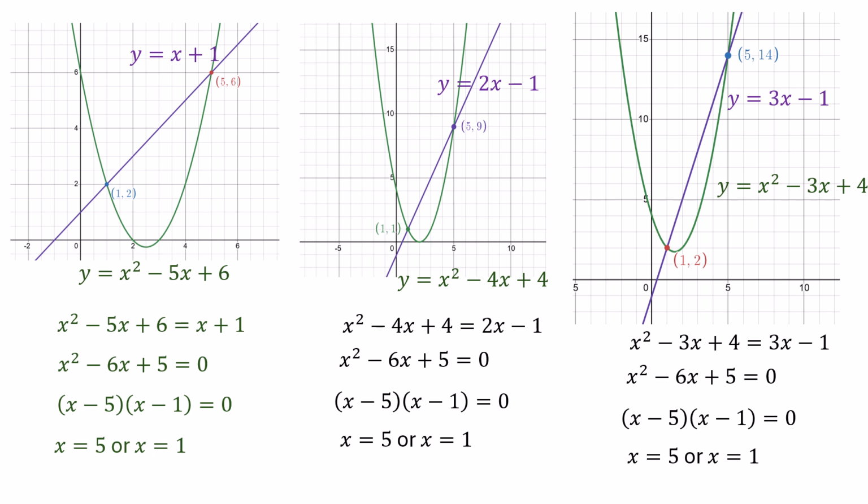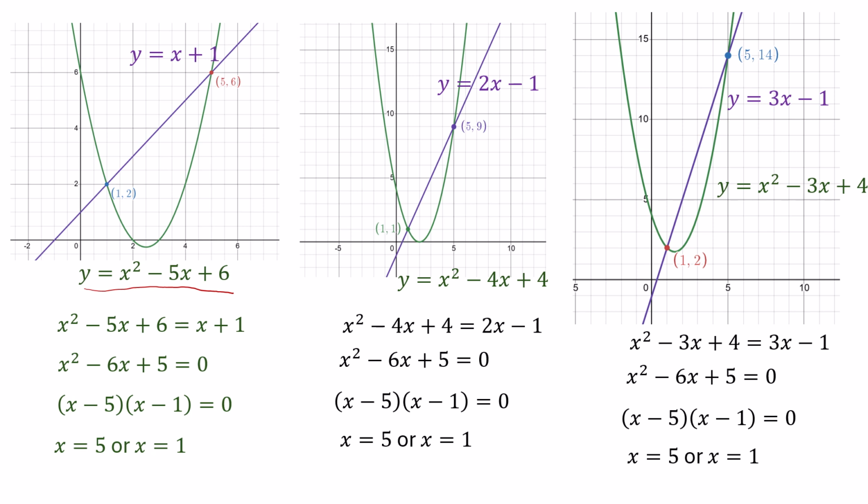Right, before we do the last part of the last question, we need to revise some concepts. If you look at what I have on the screen, I have a curve and a straight line. So if you look at the first diagram, the first curve given to you is y equals x squared minus 5x plus 6, and the straight line is y equals x plus 1.